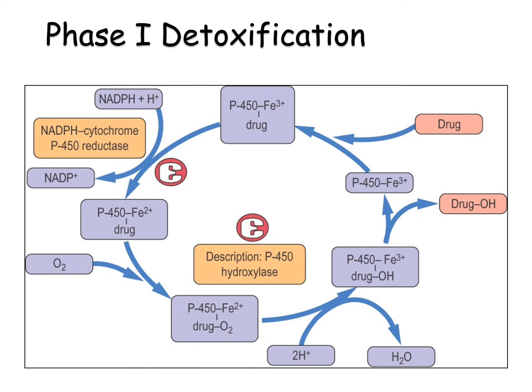Now, this is a complicated drawing. I just want to point out that, again, there are a number of these P450 molecules that carry out different types of, generally some form of oxidation.